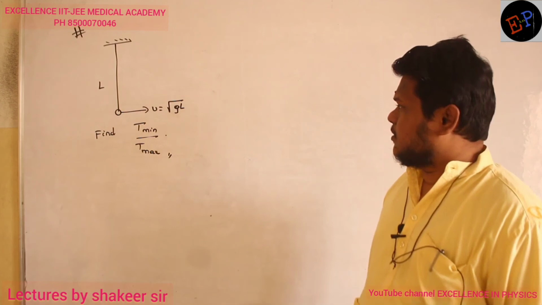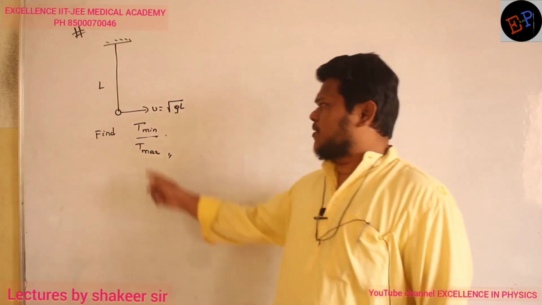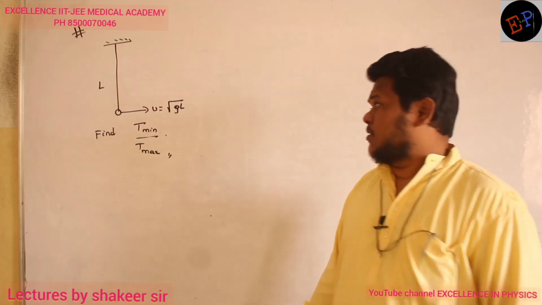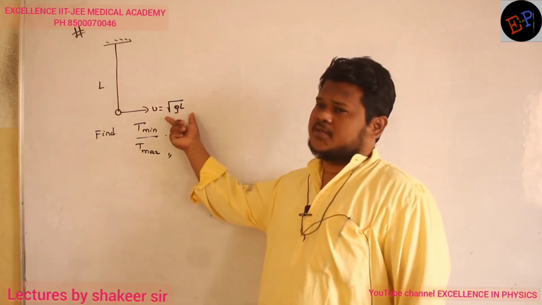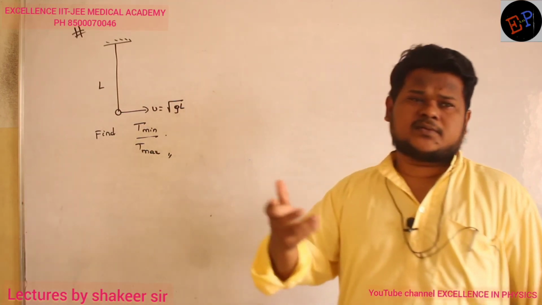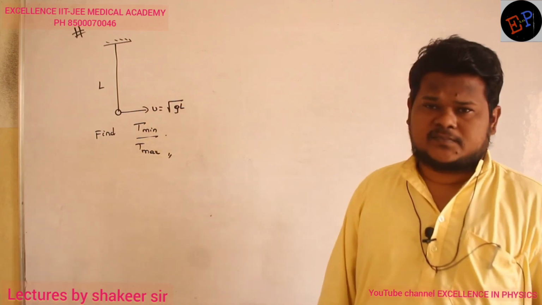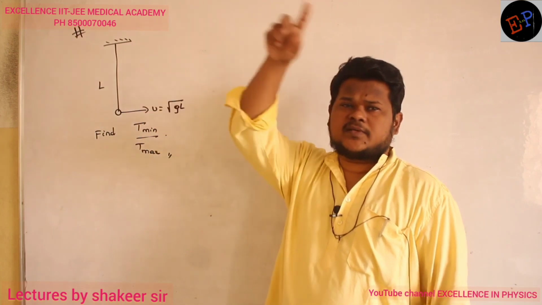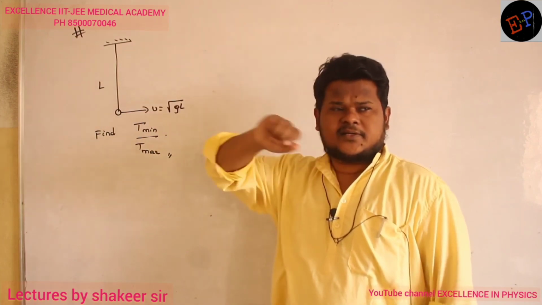Tension will be minimum at the highest position. Are you able to understand? But body can reach the highest position only if it is given a velocity of root 5gl. Only if I give a velocity of root 5gl, then only the body can reach the topmost position and there tension will become 0.